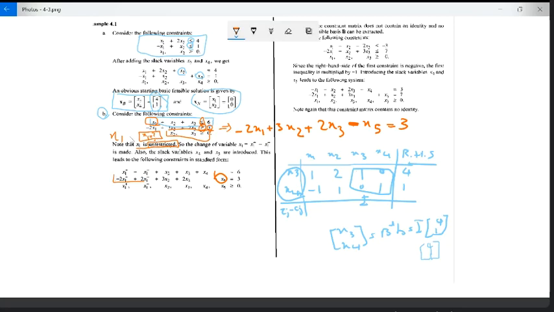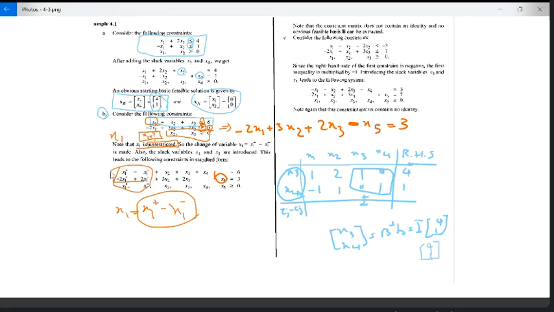When we have an unrestricted variable, we change this variable to two variables, x1 plus and x1 minus, and change x1 in this formulation.